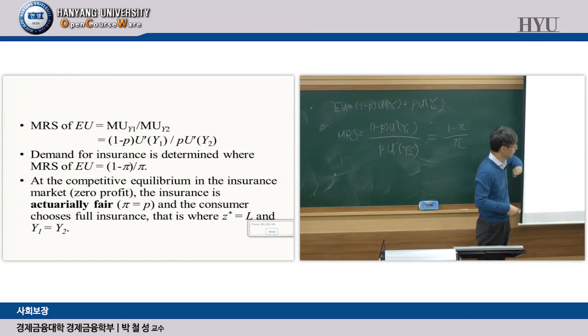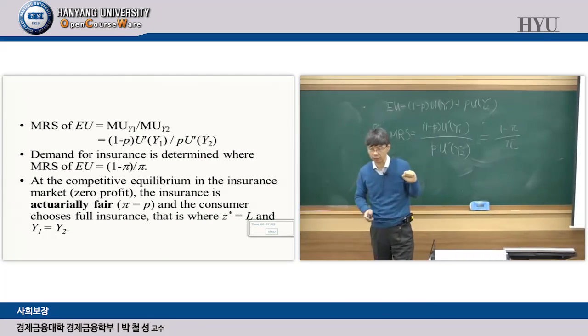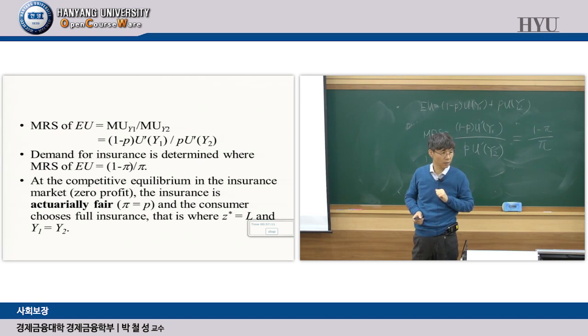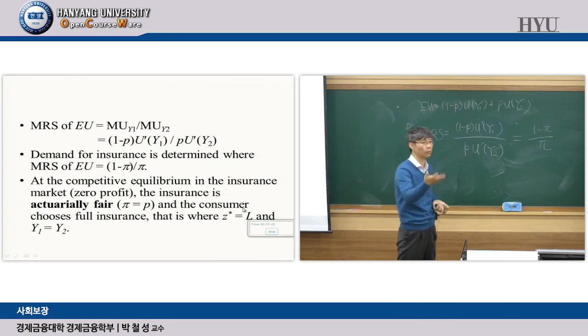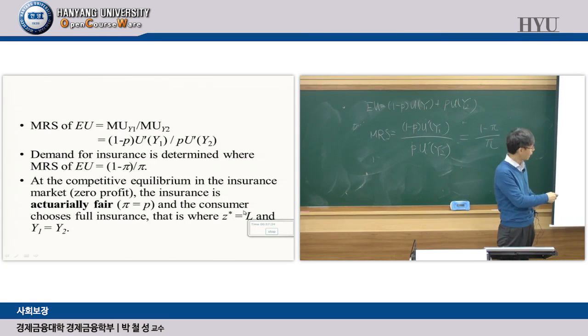Now what we are assuming here is that the insurance market is perfectly competitive. If it's perfectly competitive, the insurance company should make zero profit, because if there is a profit, more insurance companies will come in and offer a lower premium, up to the point where nobody can make profit.